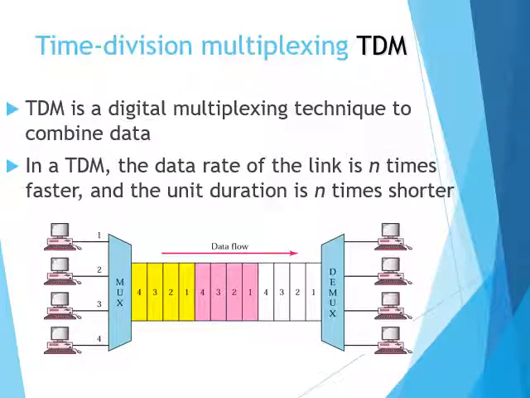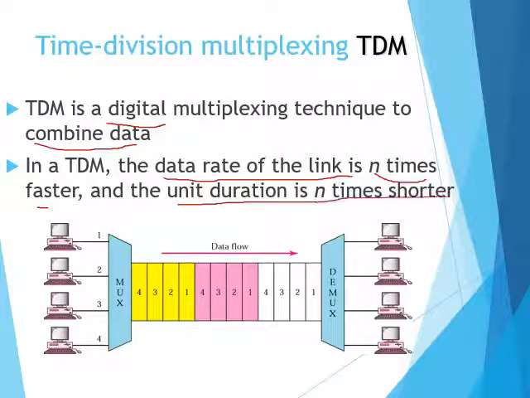Done with WDM. Now we are going to discuss time division multiplexing, TDM. TDM is used for digital signals to combine data. In TDM the data rate of the link is n times faster, and the unit duration is n times shorter.